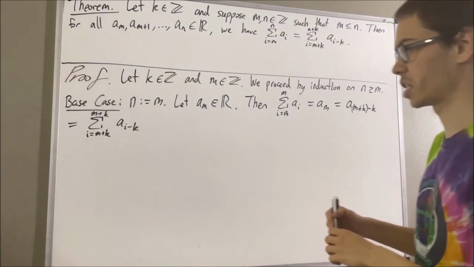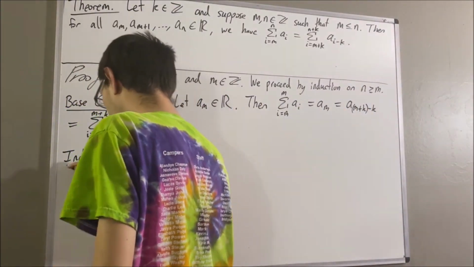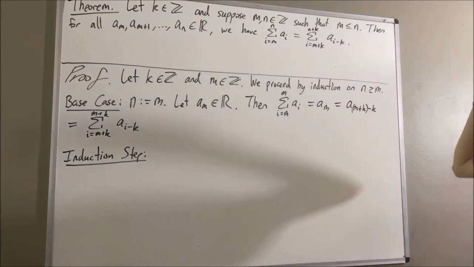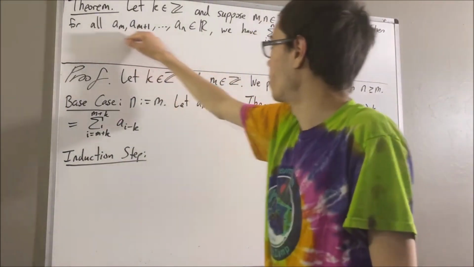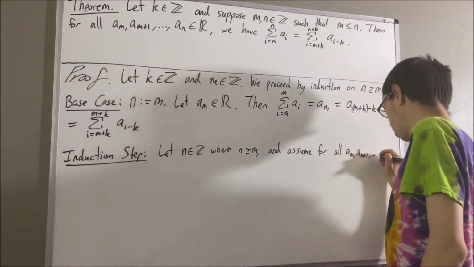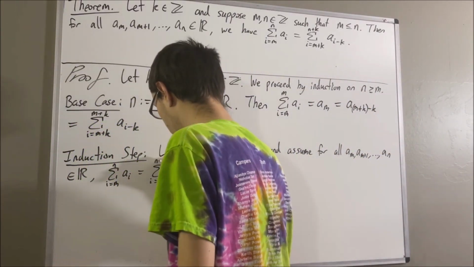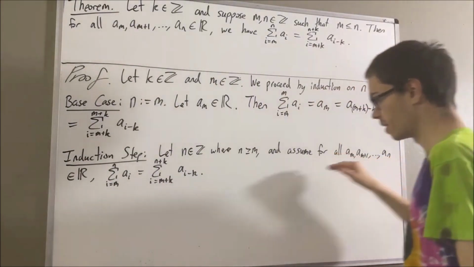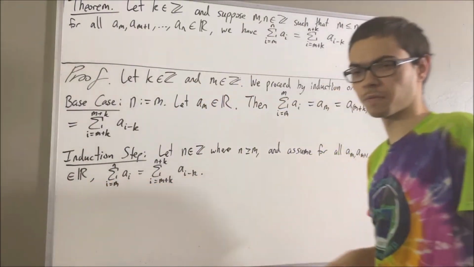Now let's move on to the induction step. In the induction step, we give ourselves an arbitrary integer n greater than or equal to m, where this is true. The whole goal of the induction step at this point is to prove that this is also true for n plus 1.